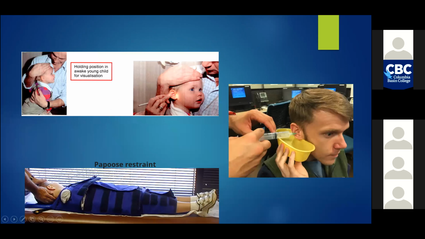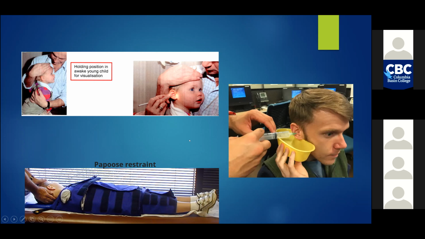These are just some pictures. Up here, I wanted to show you how you can have an assistant or maybe the parent hold a child while doing an ear exam. Over here, this gentleman is sitting upright, has that kidney basin, and this nurse looks like they're performing an irrigation.